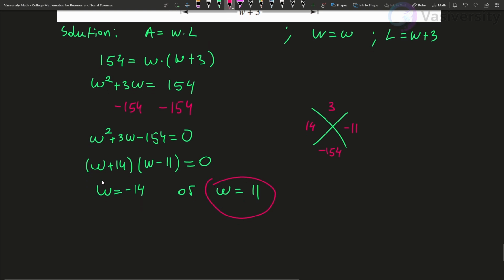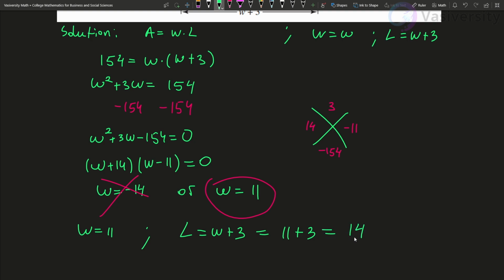Negative 14 cannot physically be a good solution. In mathematics, it's true. Physically, it cannot be. So we know that the width is equal to 11, but the length is equal to width plus 3, which is 11 plus 3, which is equal to 14 feet. Perfect. So we were able to find the length and the width.